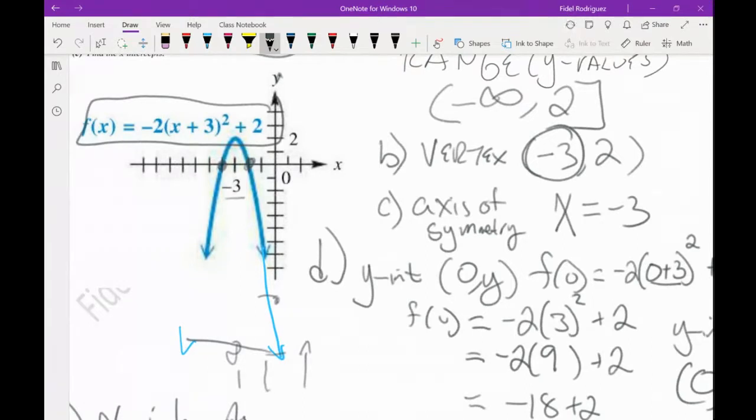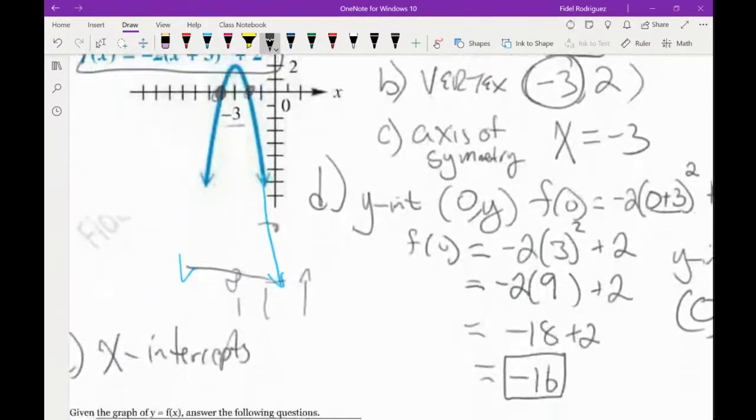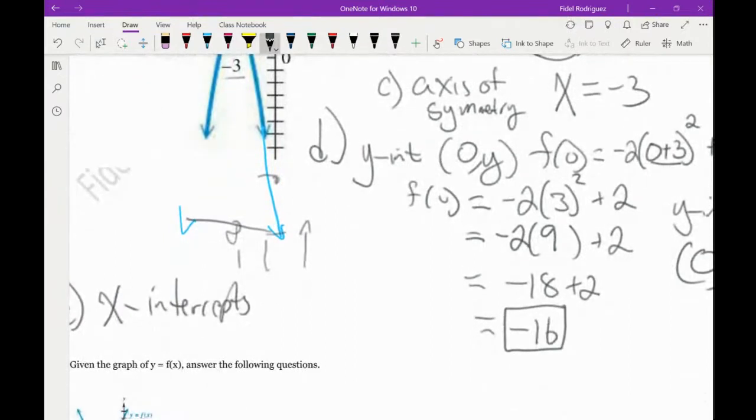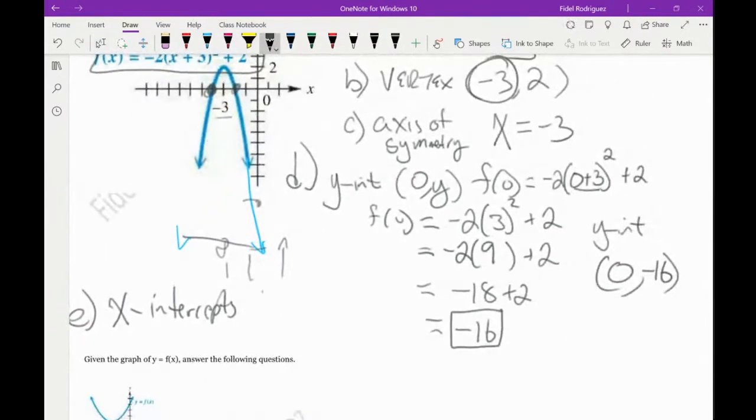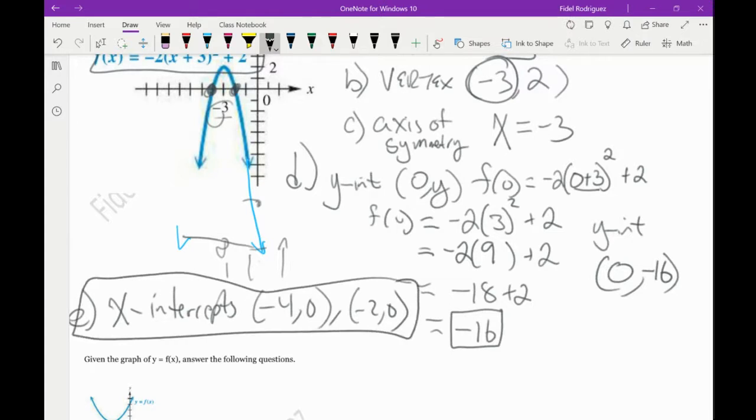So look, if this is -3, what do you think the next one over here to the left would be? -4, right? Okay. So that one, I'm going to zoom out just a little bit so you can see a little bit better. That one is going to be -4 and 0. And then if this one is -3, then the one to the right would have to be -2, 0, right? And those are my x-intercepts, right?